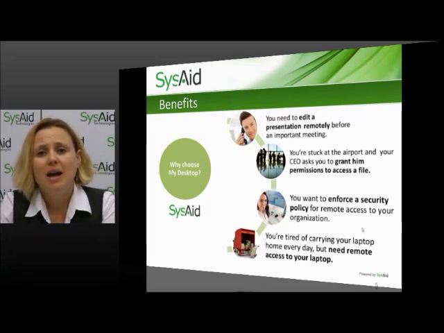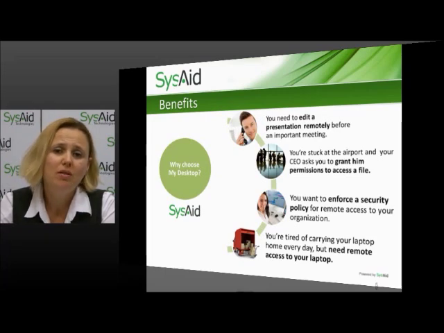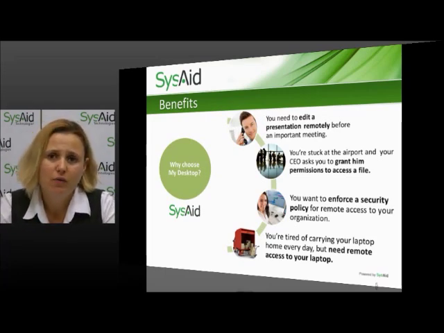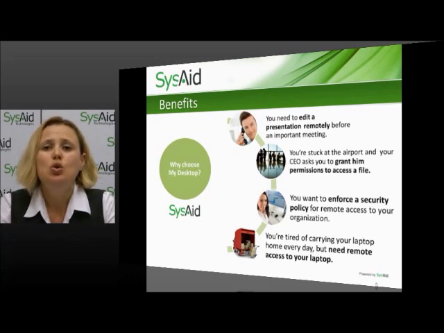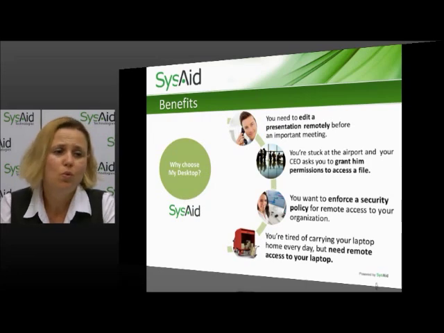Using the SysAid My Desktop capability enables you to contact your computer from any mobile device and any computer. Everybody is going everywhere with their smartphones these days, and you don't have to carry something else like a laptop in order to be available for work, in order to be able to do something.